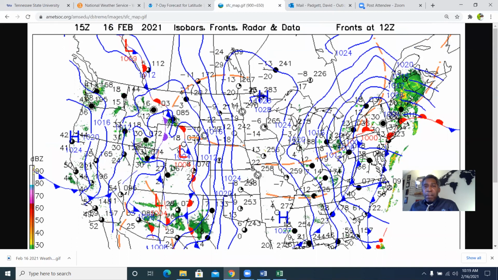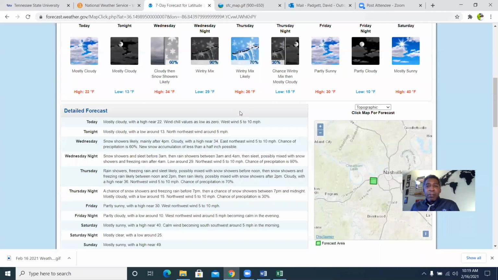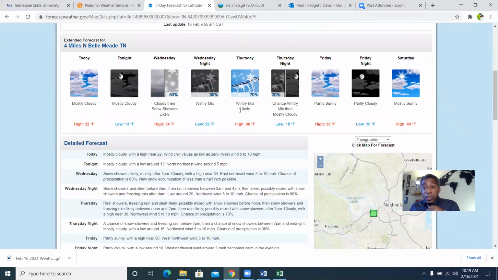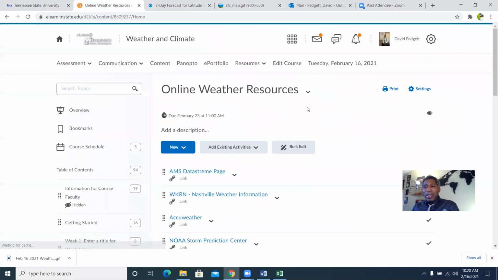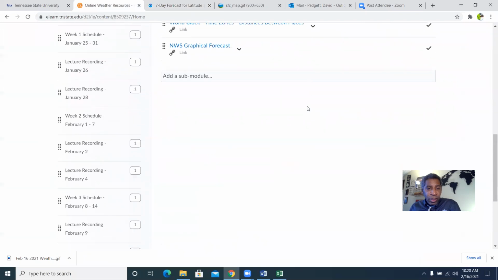So what I'm doing here is just meticulously analyzing weather conditions for Nashville, Tennessee over the next several days. And so I should probably segue back into this week's assignment now that you can kind of get the gist of what you were asked to do this week.